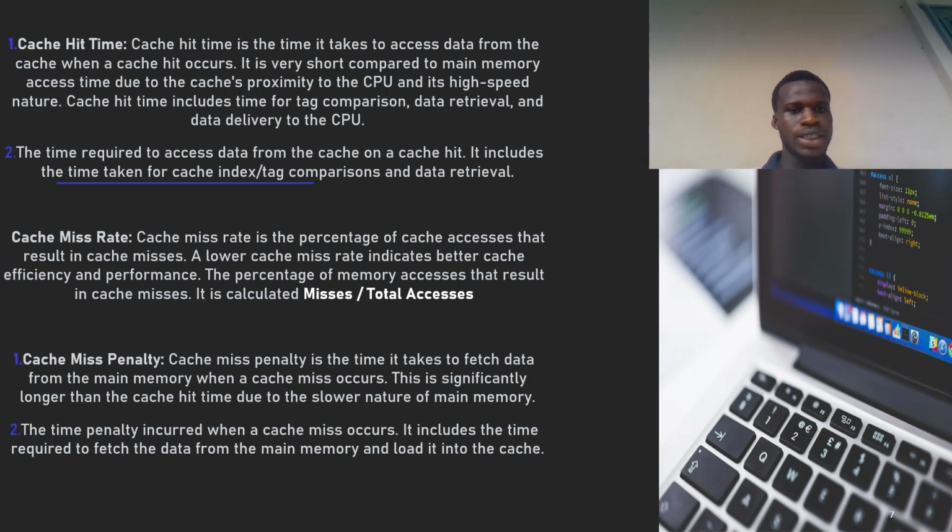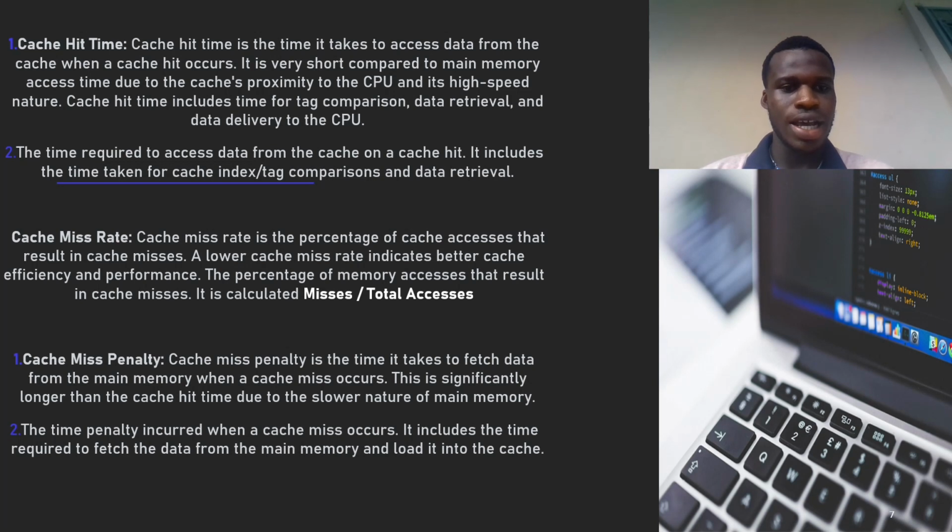We have cache miss rate. Cache miss rate is the percentage of cache access that results in cache misses. A lower cache miss rate indicates better cache efficiency and performance. It is calculated as misses over total access.